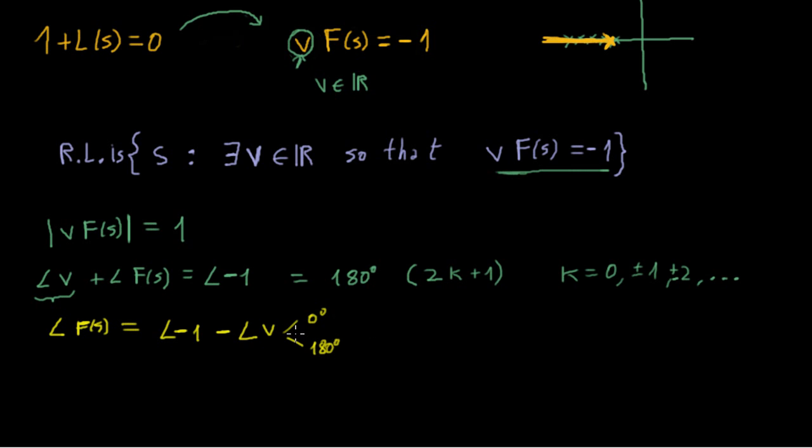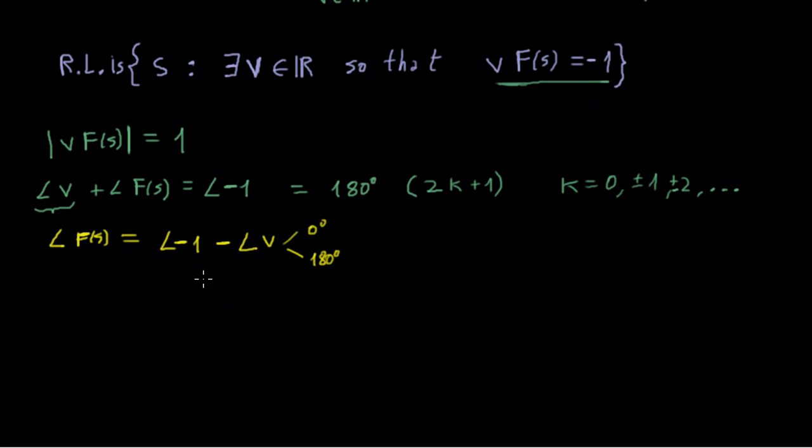It only depends on its sign. And thanks to that, we can look at these two conditions. But by the way, this is called the magnitude condition, and this is called the angle condition.